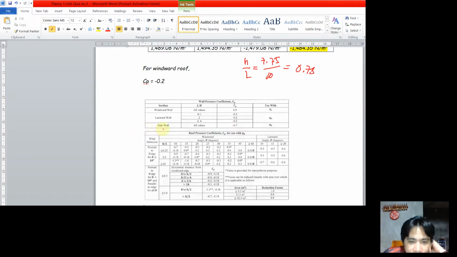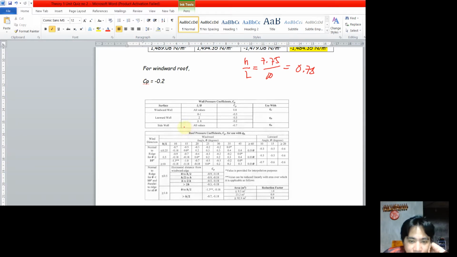At 35 degrees, we have it here in between this one. But here we just adopted the value nearest to that, which is negative 0.2.